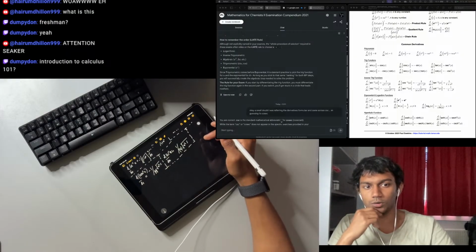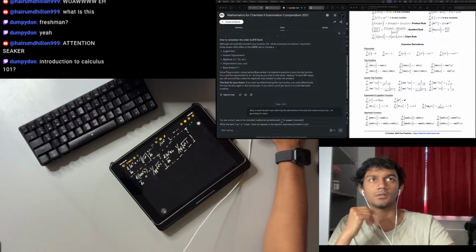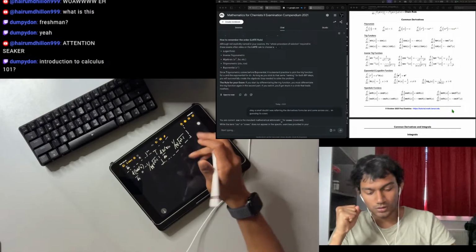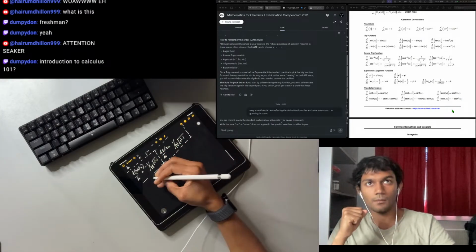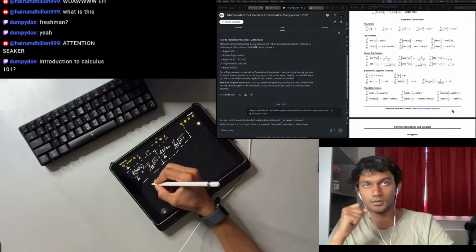Introduction to Calculus 101. I don't know, is that a chapter? Is that a common chapter or something? But yes, this is Intro to Calculus. A raised to x. A, I'm guessing it's a constant.